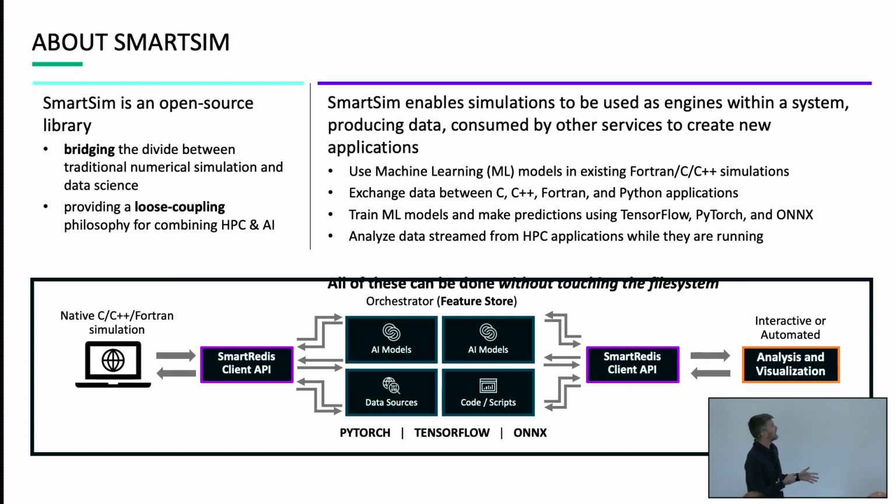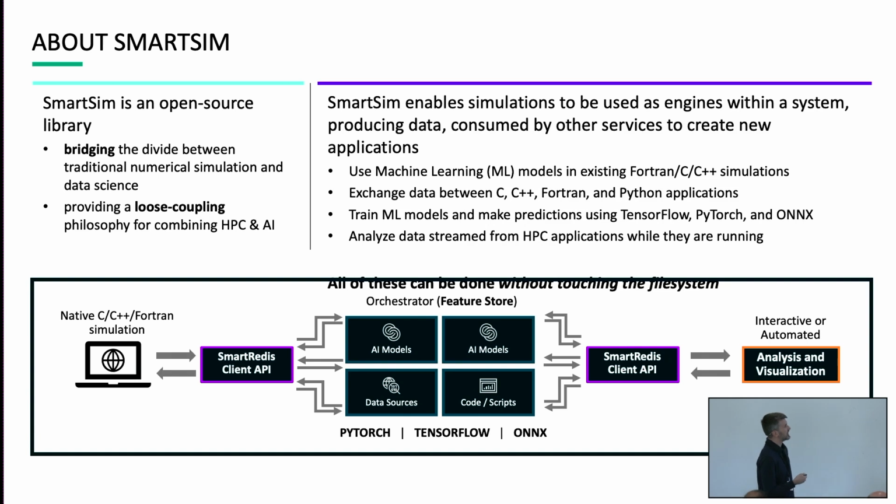On the left-hand side, we could have the native C, C++, Fortran simulation running and just communicating data to the feature store, so sending and receiving data to and fro the data store using the client we wrote. So as a feature store, we selected Redis, which has a good interface for AI, and we wrote a client for C, C++, Fortran, and Python to be able to use Redis with AI functions smoothly from simulation.